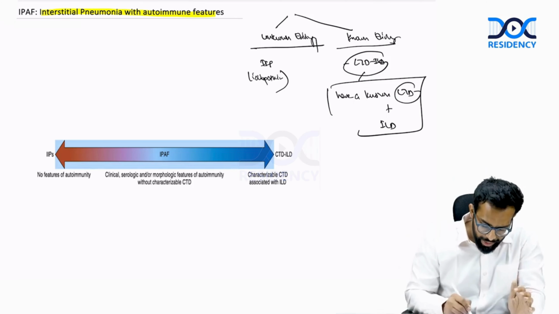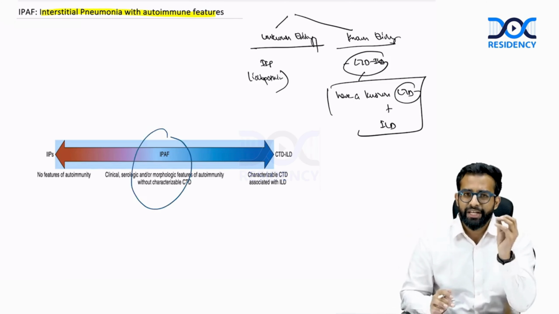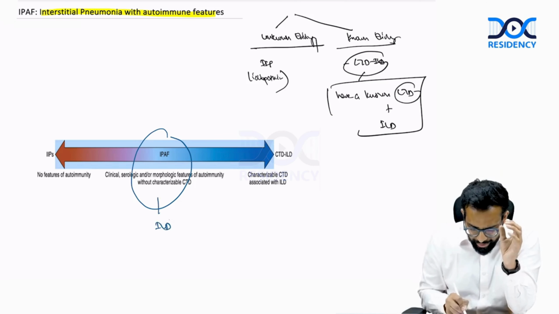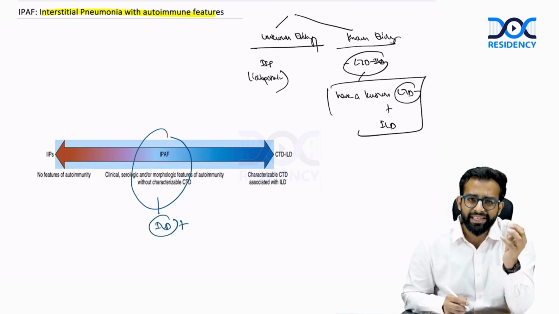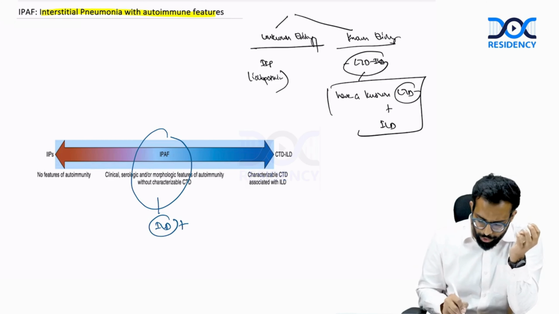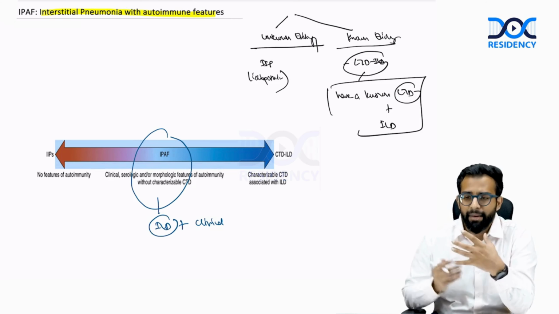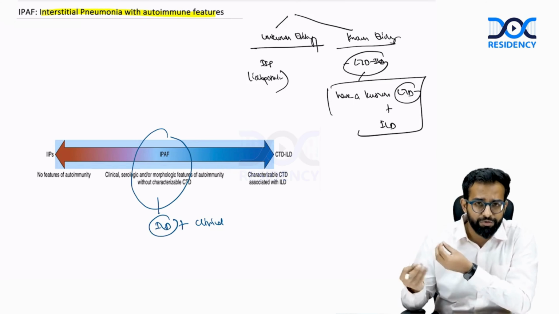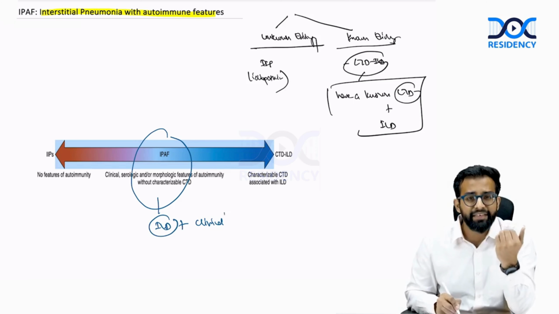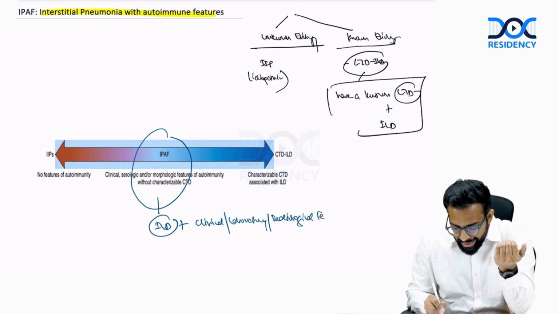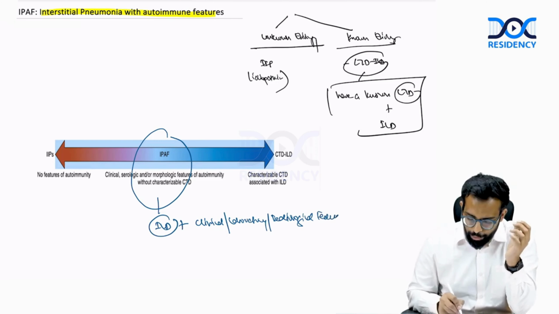So it lies somewhere in the center such that the patient has an ILD. And along with the ILD, he has certain autoimmune features, which could be in the form of some clinical symptoms like joint pain, arthritis, palmar telangiectasias, Raynaud's phenomena, etc. There could be certain clinical features or laboratory features or radiological features that suggest the presence of autoimmunity.